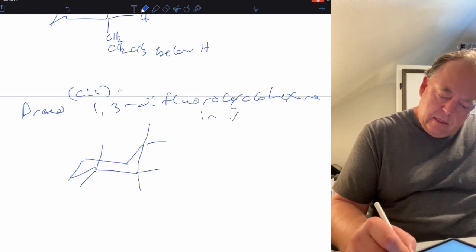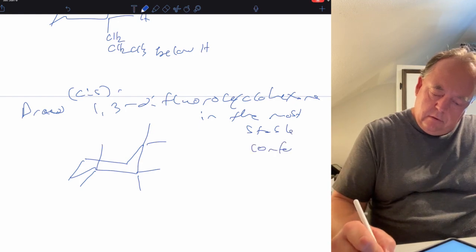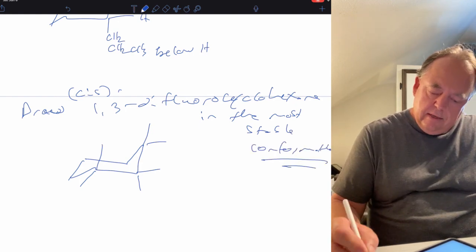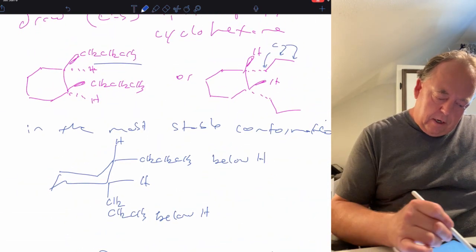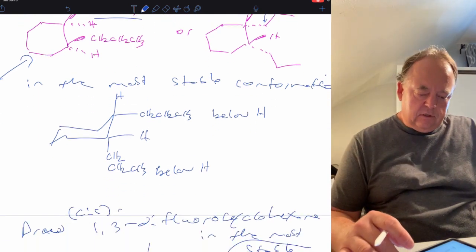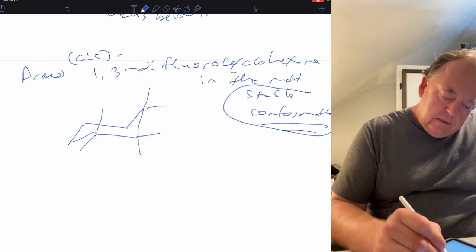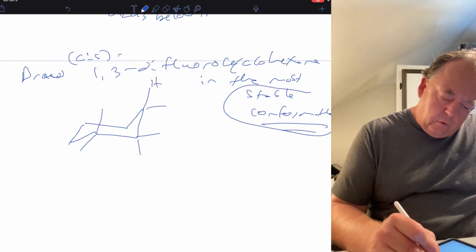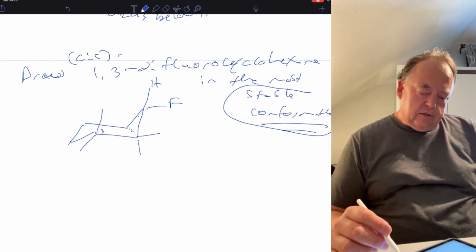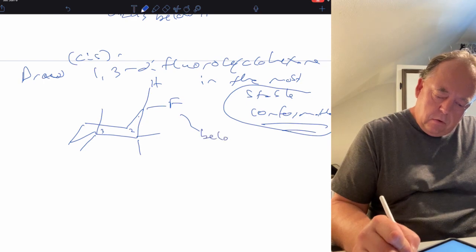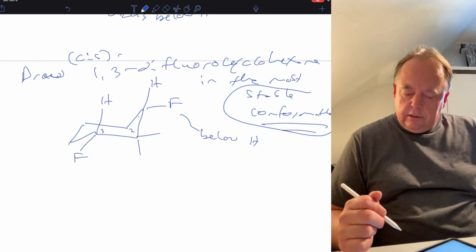In the most stable conformation, which means if I told you most stable conformation, that means you can't draw it like this, because the most stable conformation of cyclohexane is chair, so you have to draw it in chair form. So let's see, so we can put one of the fluorines here, and then that's carbon 1, 2, 3, the other goes here. So if they're cis, so this is below H, so the next one has to be below H. So we would draw it there.